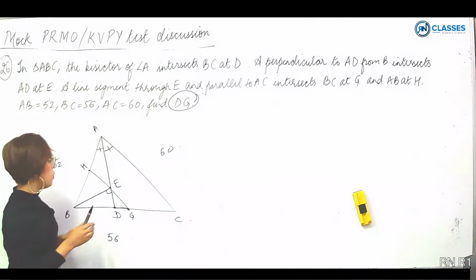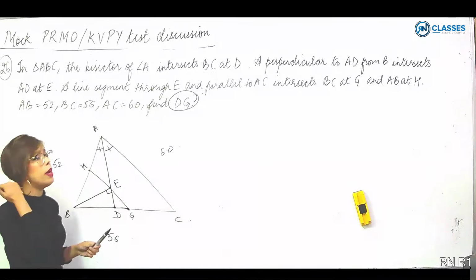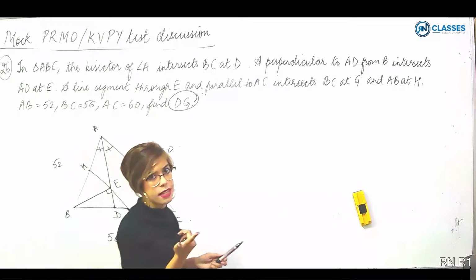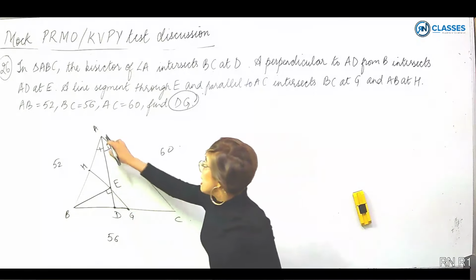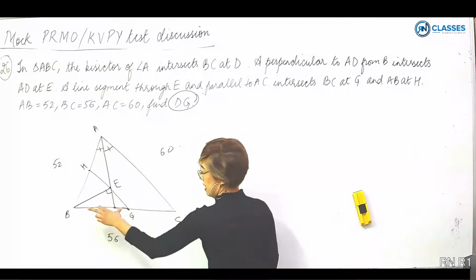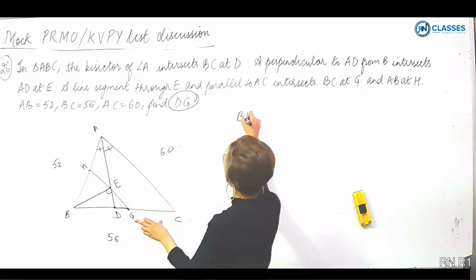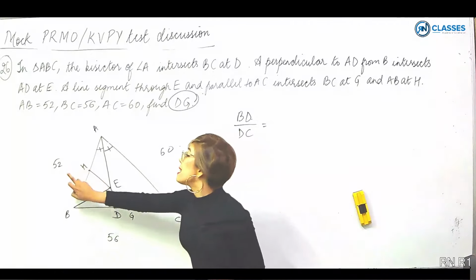Now, first of all, what do I know? That AD is the angle bisector. Now, if AD is the angle bisector, do I know any theorem regarding angle bisector? Yeah, we know the angle bisector theorem. Since AD is the angle bisector, it divides the opposite side, BD by DC, in the ratio of the sides containing it.